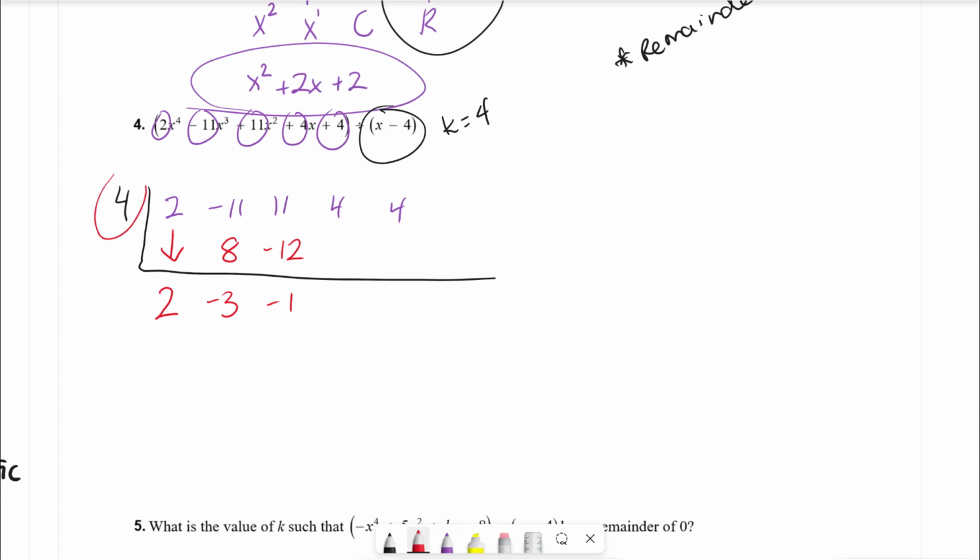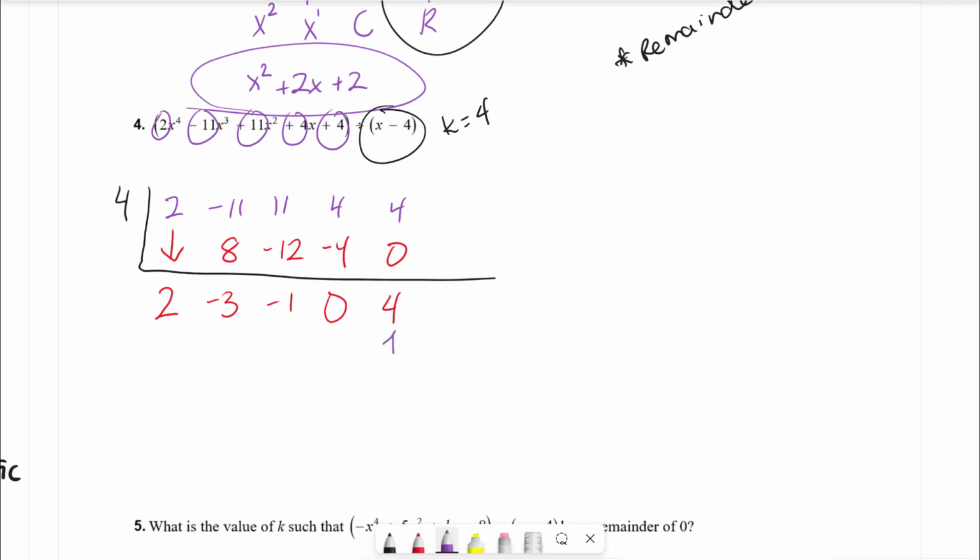Repeat. Multiply k with that value. 4 times negative 1 gives me negative 4. Add these two. 4 plus negative 4 gives me 0. Repeat. Multiply. 4 times 0 gives me 0. Add these two. 4 plus 0 gives me 4.